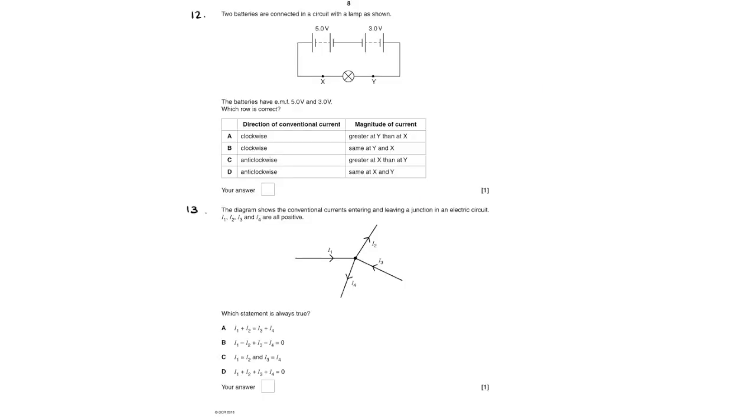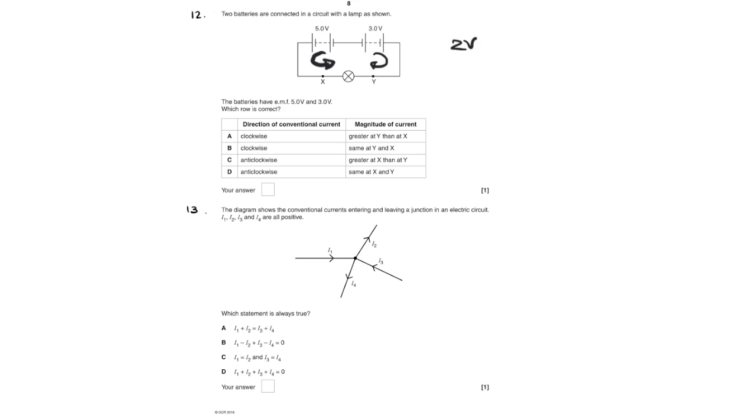For question number 12, it's asking, which row is correct if the batteries have an EMF of 5 volts and 3 volts? Just bear in mind that the polarity is switched. So this battery is passing current in this direction, whereas the other one is passing through this direction. So basically, the net EMF is 2 volts.